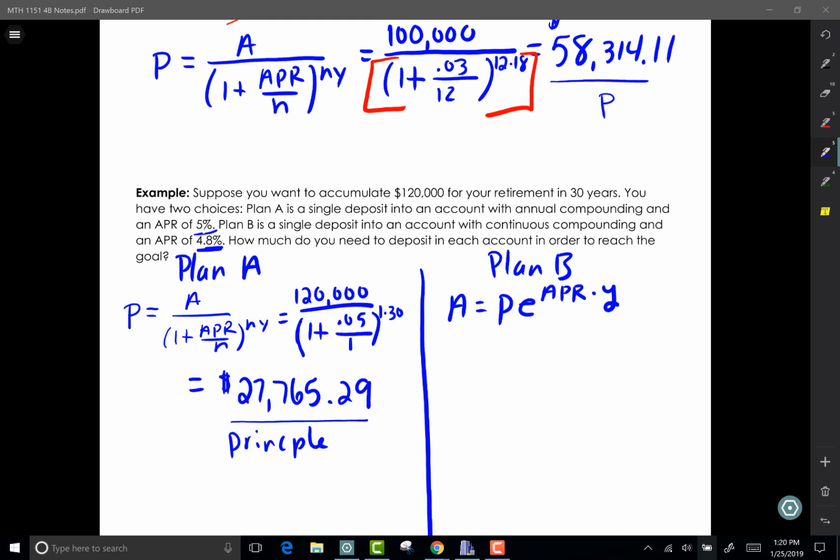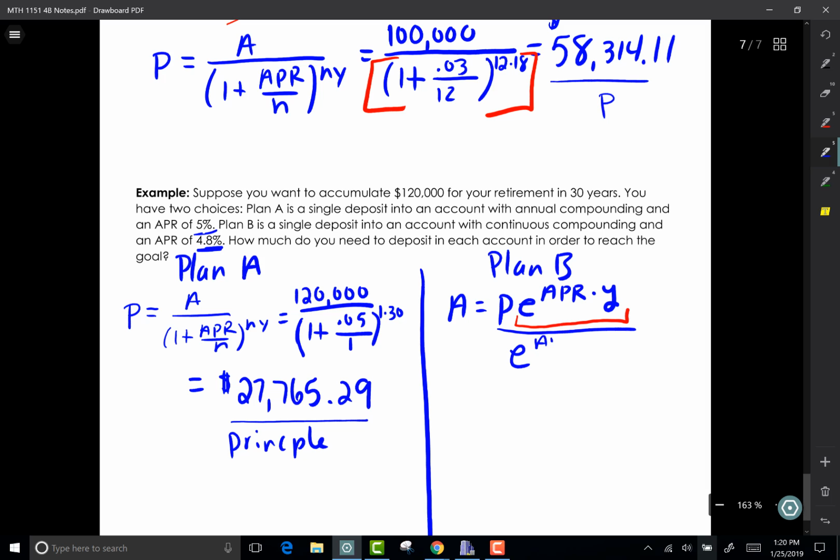I want to get P by itself, which means I want to divide both sides of the equation by e to the APR times y. So my principal is going to be my accumulated amount over e to the power of APR times y.